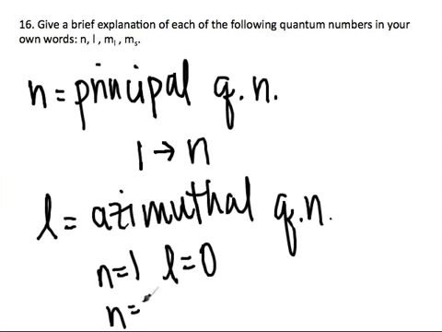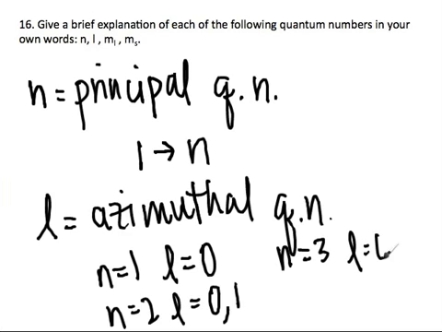For 2, the maximum that l can be is 1. However, there's also a 0 subshell for the energy level 2. For 3, we can have 0, 1, and 2. Notice that l is always at most n minus 1.